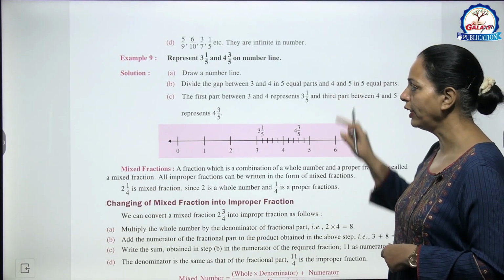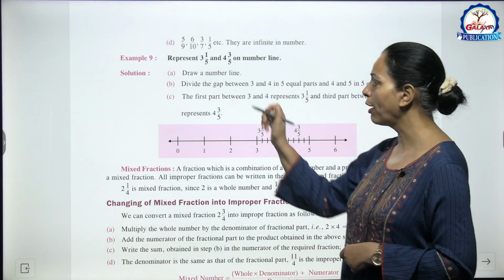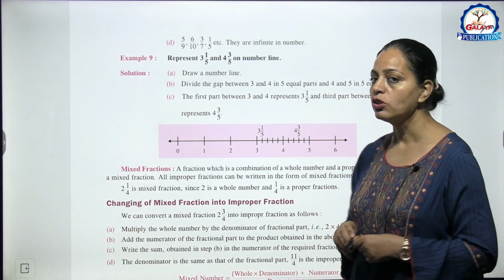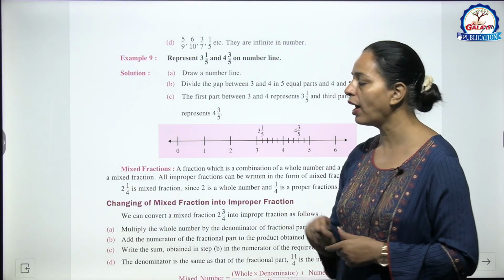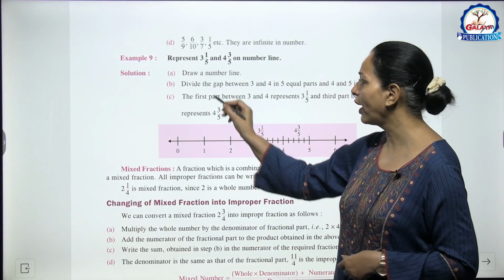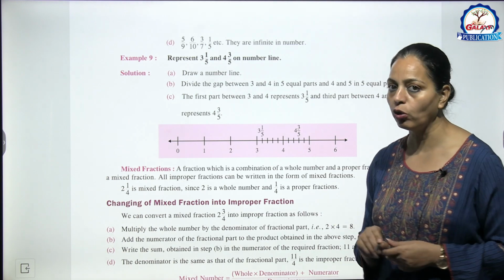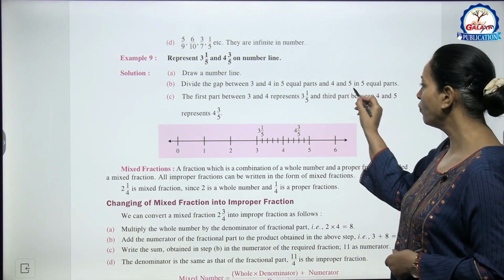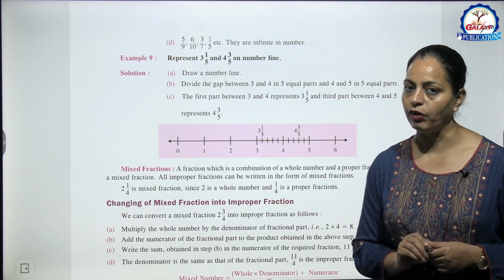Now example 9, represent 3 whole 1 by 5 and 4 whole 3 by 5 on a number line. So first step, draw a number line. Now the second step, divide the gap between 3 and 4 in 5 equal parts and 4 and 5 in 5 equal parts.